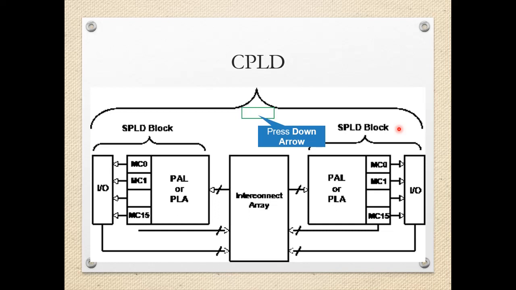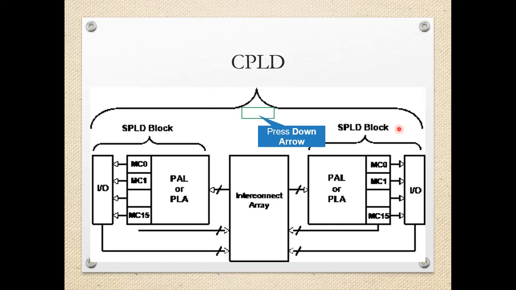We have studied the technologies for programmable logic devices, like anti-fuse technology, SRAM technology, EEPROM technology, E2PROM technology. These PAL and PLA can be programmed with the help of EEPROM or E2PROM.